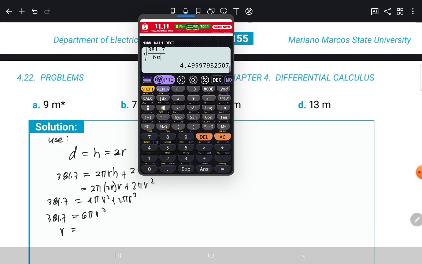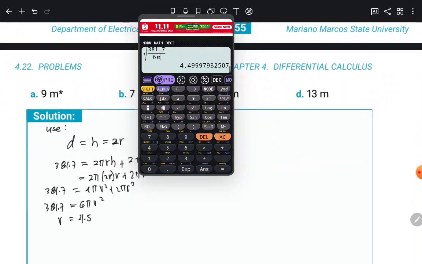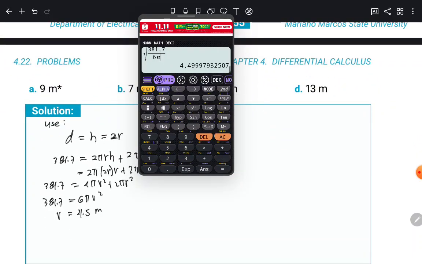And r will be equal to 4.49 or 4.5 meters. And the height will be equal to twice that one. So 2 times 4.5 is equal to 9 meters. So the answer will be 9 meters.